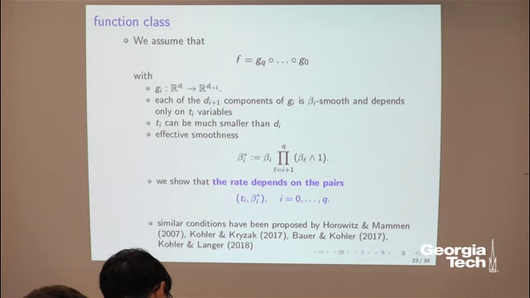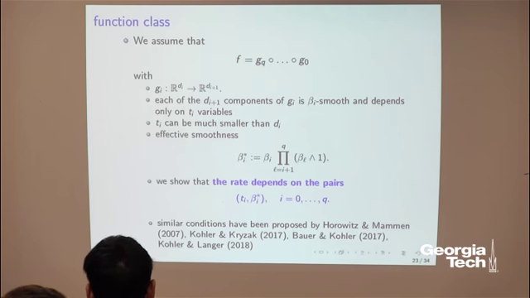So if we now impose smoothness on these g_i functions, we first have to study what that implies in terms of the smoothness of f. For instance, Brownian motion has essentially smoothness 1/2, and if you do iterated Brownian motion, so you apply Brownian motion to itself, this iterated Brownian motion is known to have smoothness essentially 1/4. So you lose smoothness by composing functions, and that happens here as well.